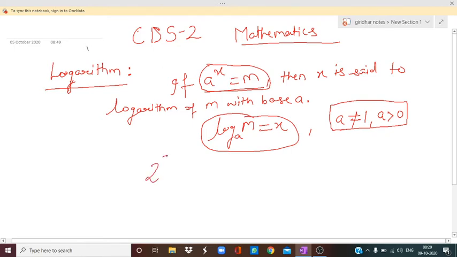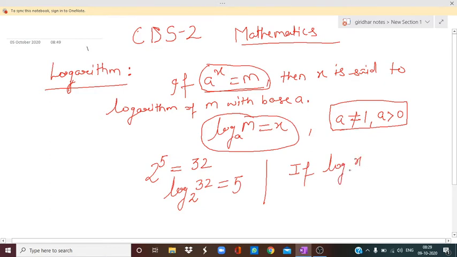Let's say 2 to the power 5 equals 32, we know in exponential form. In logarithmic form, what we can write is log 32 with base 2 equals 5. Suppose we have log x with base 10 equals minus 2, correct?